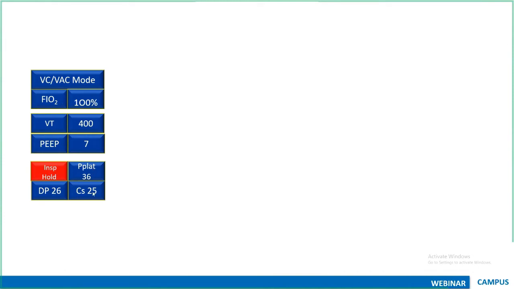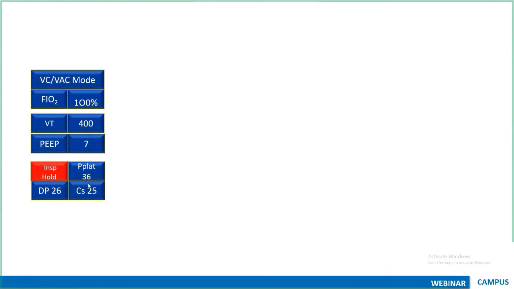The compliance is very low and the driving pressure is high. Look here: the driving pressure is high, the compliance is low, and the plateau pressure is very high for a normal tidal volume. So what does it mean? This is a patient who is going to respond to incremental PEEP, because here the driving pressure is high and the compliance is low.